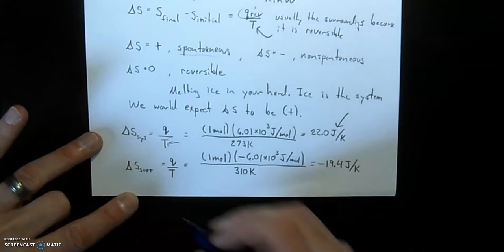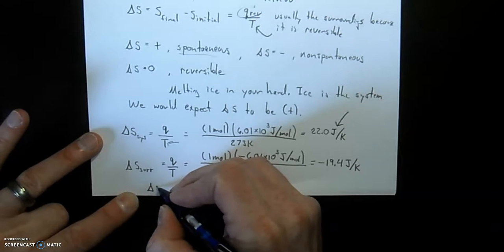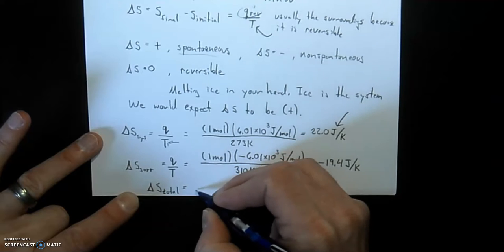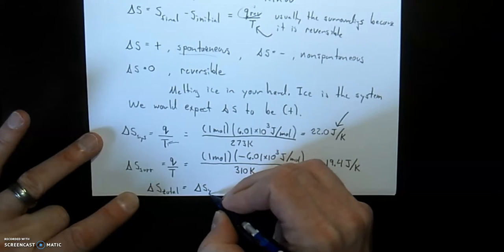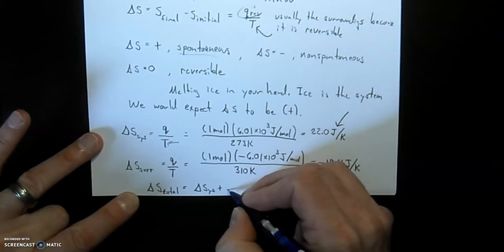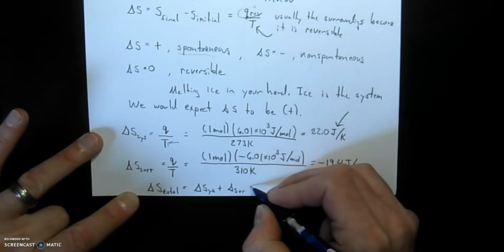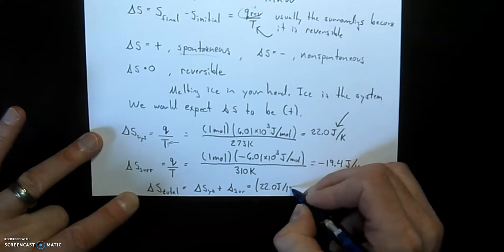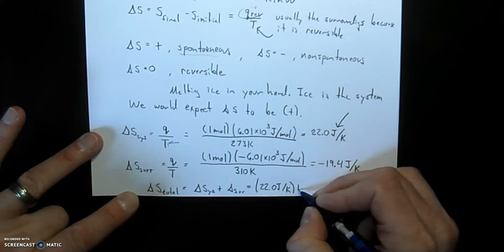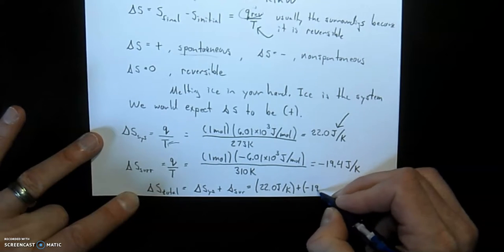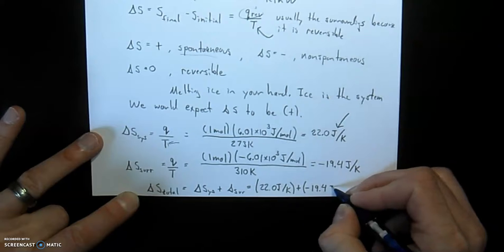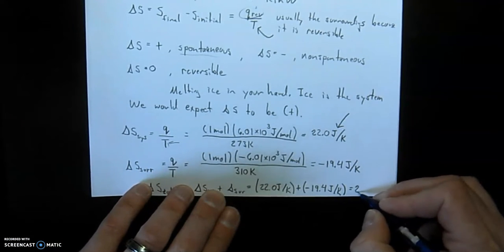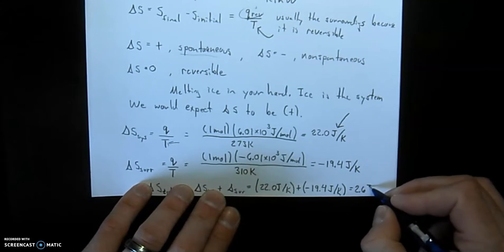All right, so I'm going to try to squeeze this in here on the bottom. So if we take a look at the total entropy, dealing with the system plus the entropy of the surroundings, you'll end up with 22.0 joules per Kelvin plus a negative 19.4 joules per Kelvin, which gives us an overall entropy change of 2.6 joules per Kelvin.